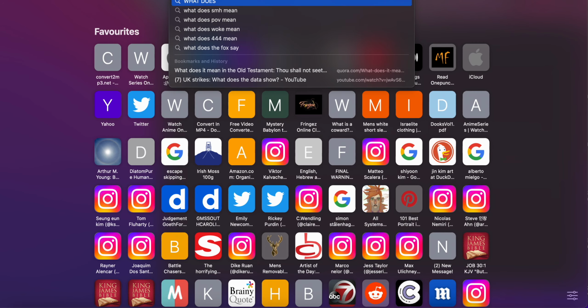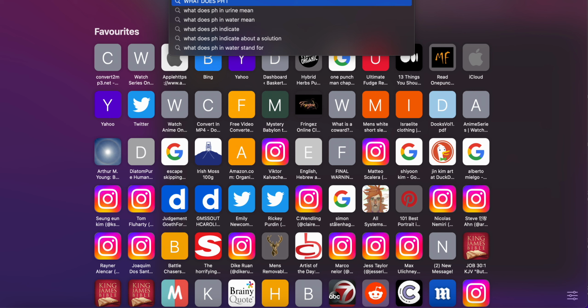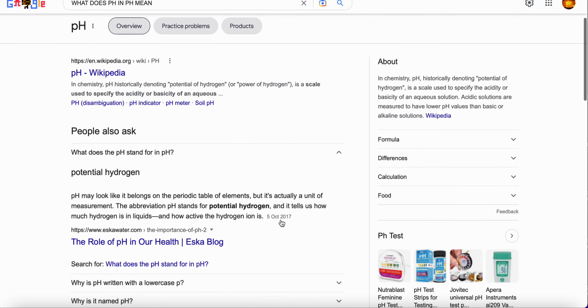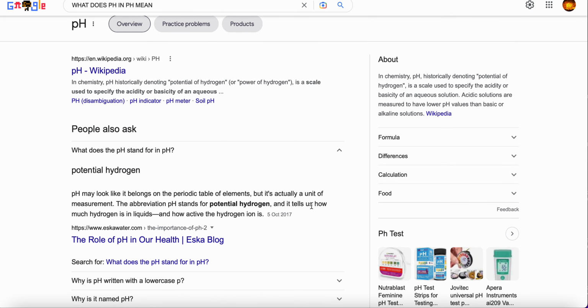What does pH mean? Potential of hydrogen. Potential hydrogen may look like it belongs on a periodic table of elements, but it's actually a unit of measurement.